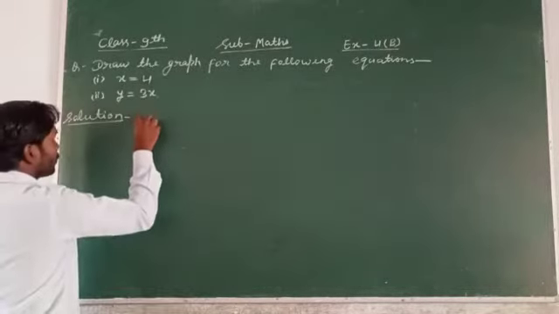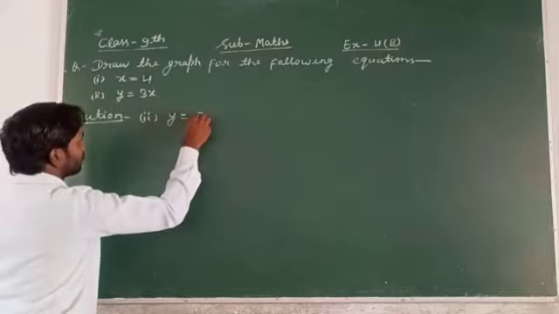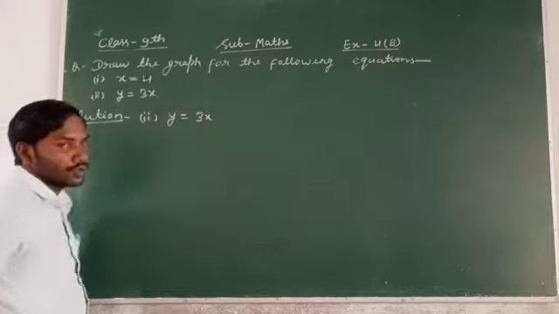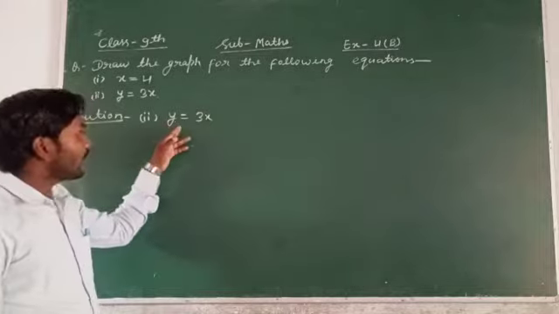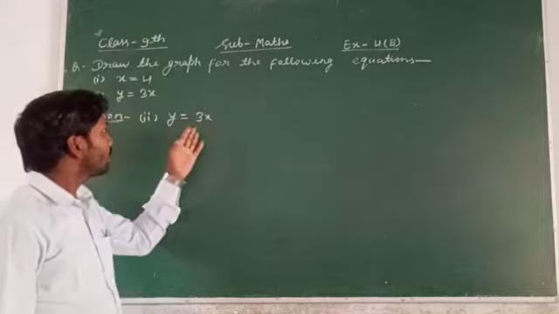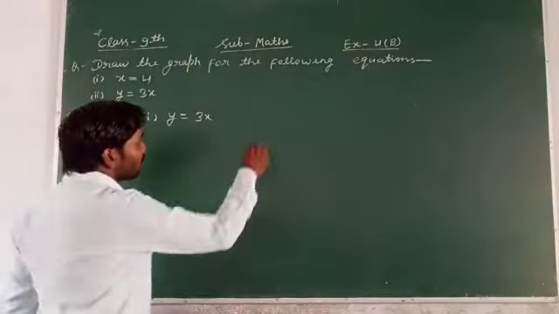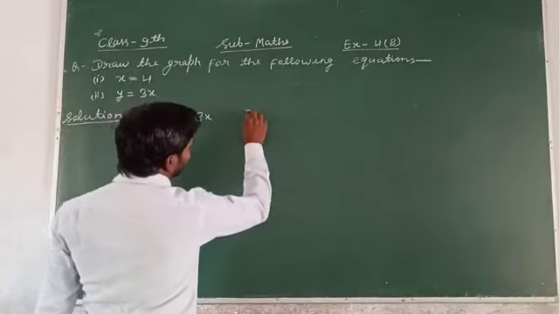So the second one is y is equal to 3x. You can see that if we put the value of x, we will get the value of y. So we will make a table here.